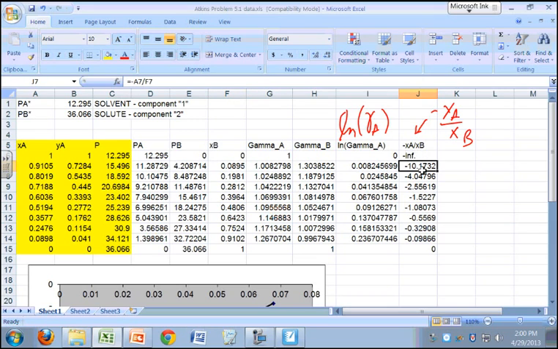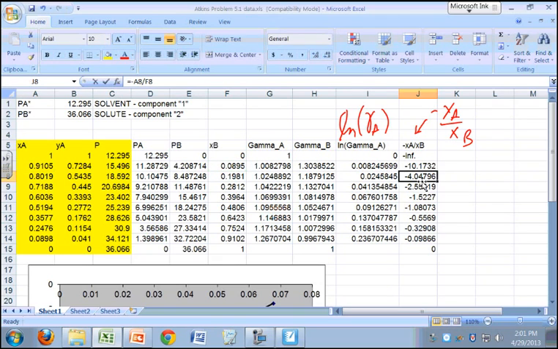Negative X of A over X of B here would be, here's X of B, 0.08, X of A is 0.9105, over X of B, which is 0.0895. So negative A7 over F7.